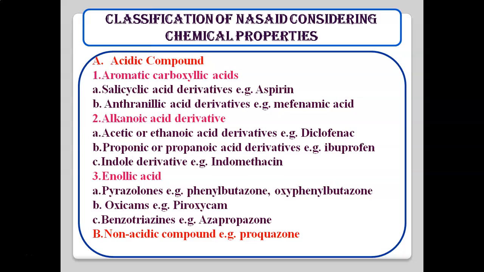And third is indole derivatives, example is indomethacin. The third main category, that is enolic acid, is further divided into three types, that is pyrazolones, examples are phenylbutazone and oxyphenbutazone, oxicams, example is piroxicam, and benzothiazine was the last category, example is azapropazone. And non-acidic compounds, example is proquazone.